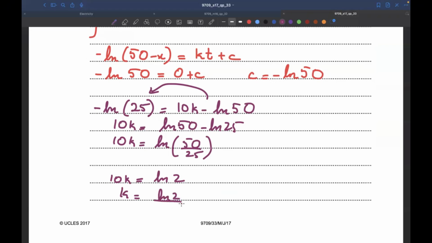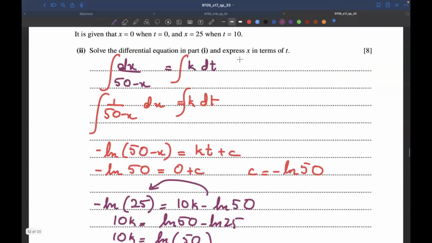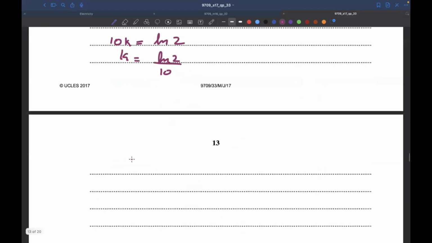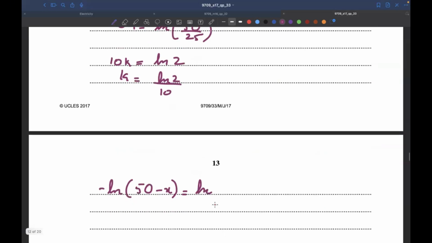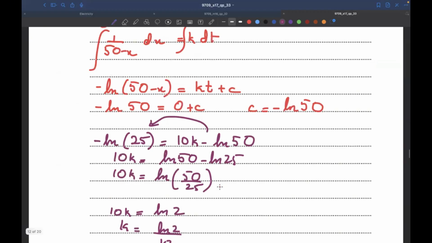Now once we have the values of k and c, we have to express x in terms of t, meaning we just have to make x our subject. So we'll first write down the equation minus ln of 50 minus x is equals to kt. K is ln 2 upon 10 plus c, and the value of c is minus ln of 50.